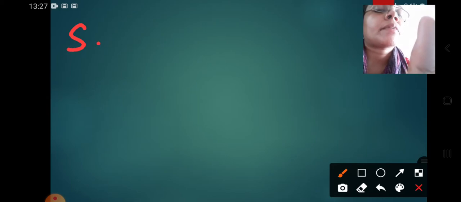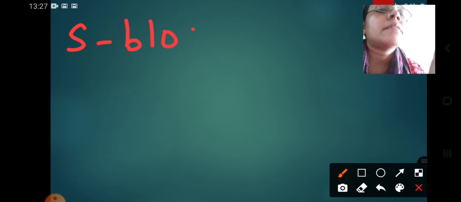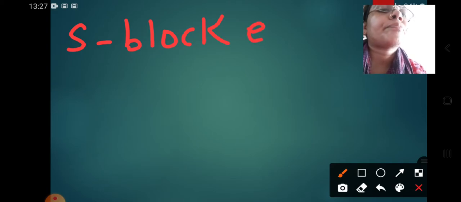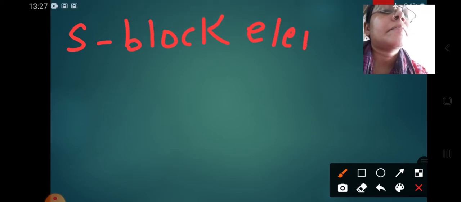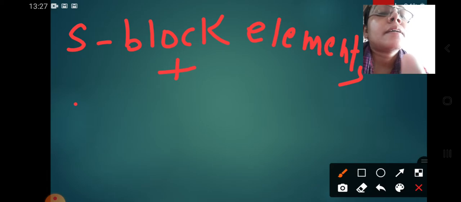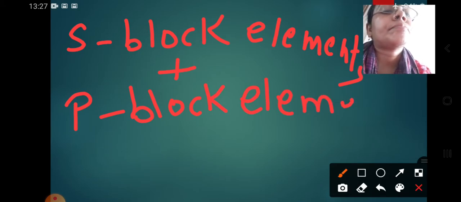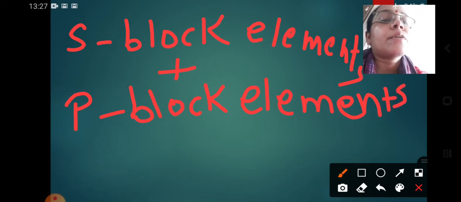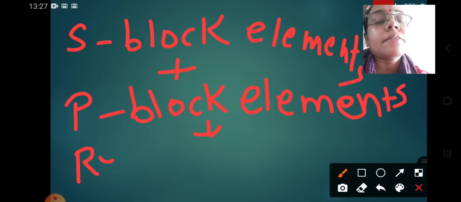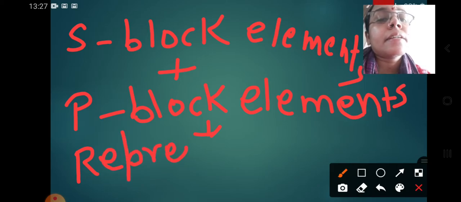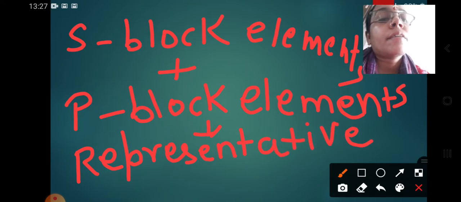If you want, you can write this also here: S block elements plus P block elements, representative elements.